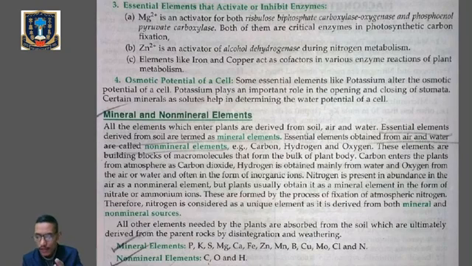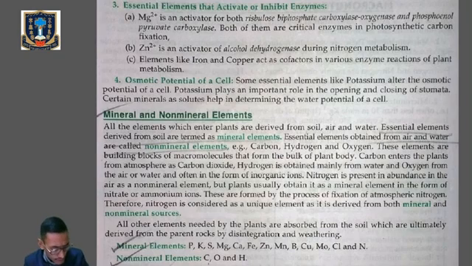And the 4th category is the osmotic potential of the cells. So here the essential elements are like potassium, which alters the osmotic potential of cells, because potassium plays an important role in the opening and closing of the stomata. Okay, so these are the 4 broad categories which have been divided according to the diverse functioning of the essential elements.